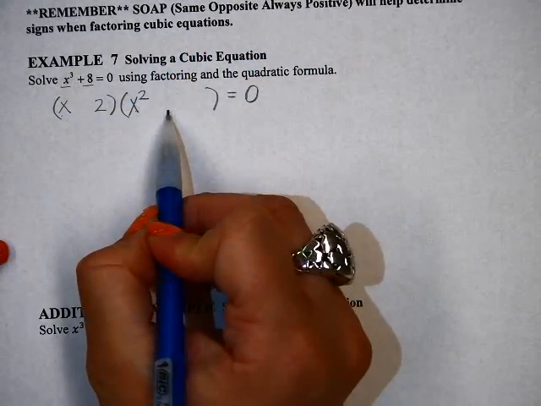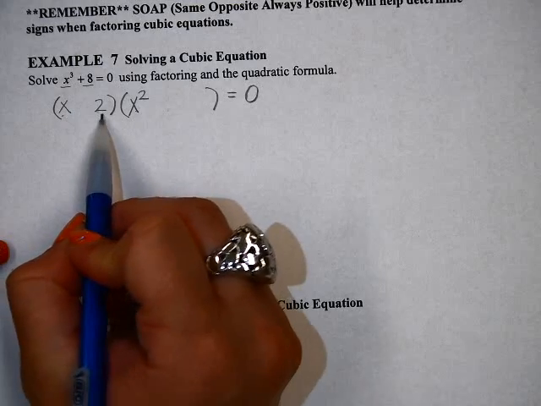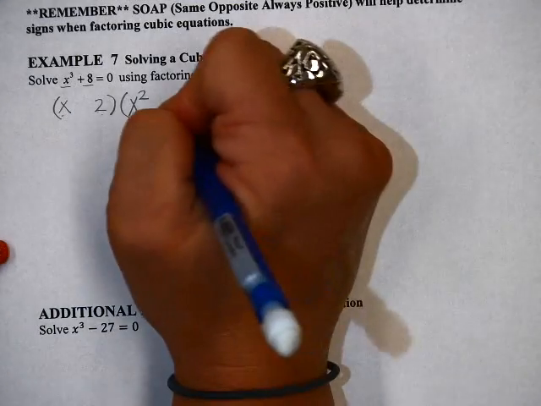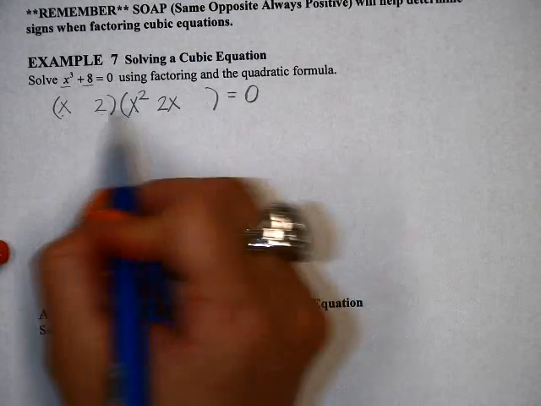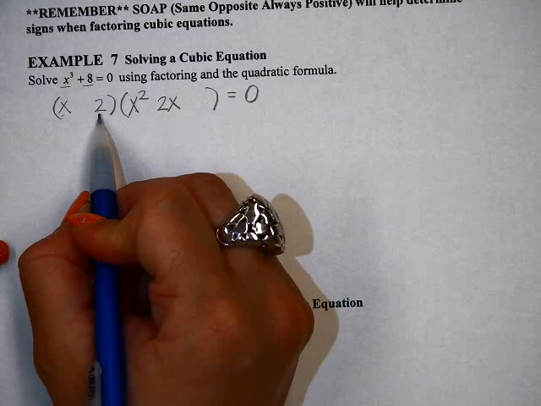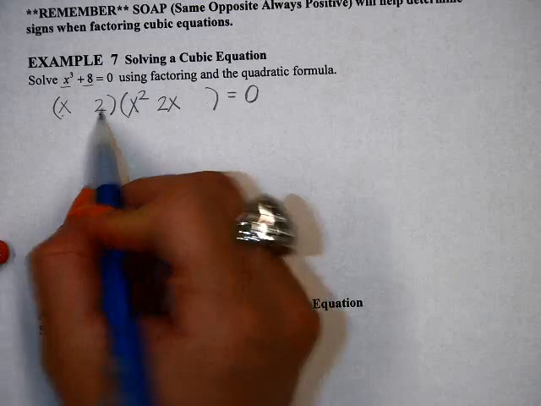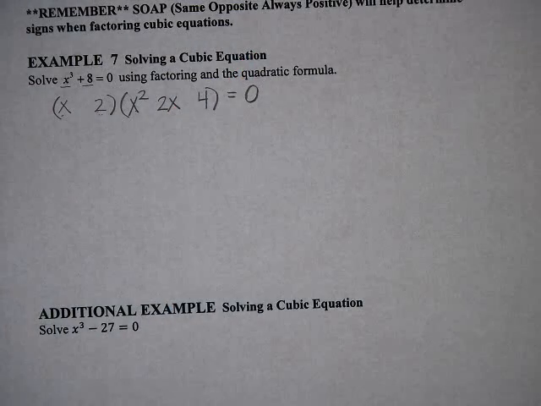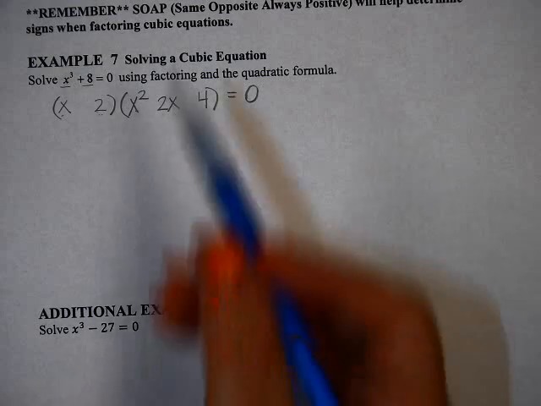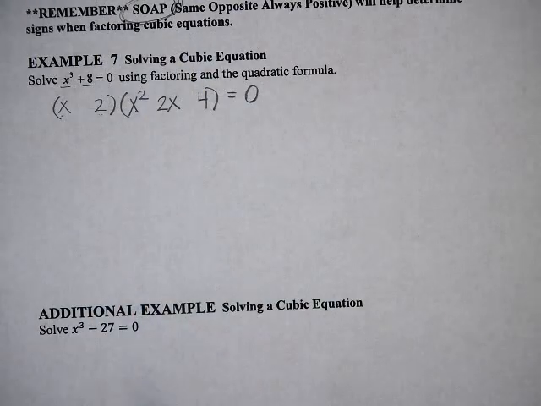To get the middle term, you will multiply your two terms together in your first parentheses. You will have 2x. And to get this last term, you will square this last term in your first parentheses, giving us 4. Once you have put your terms in your little parentheses and your big parentheses, that is where your SOAP comes into play.